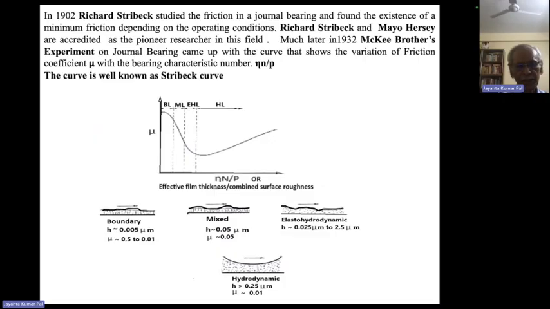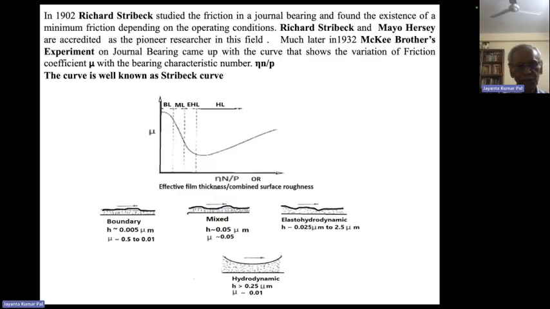The horizontal axis could also be replaced by the ratio of the effective film thickness divided by the combined surface roughness. This is important because only if the effective film thickness is larger than the combined surface roughness will there be no contact. Otherwise, there will be contact.